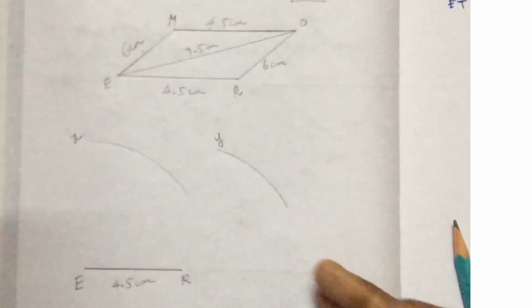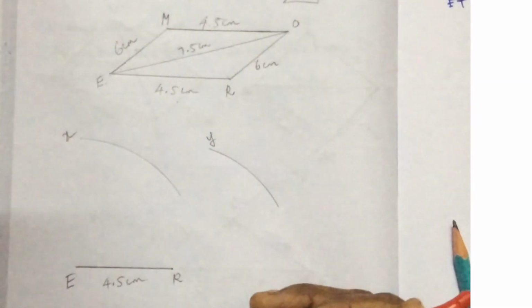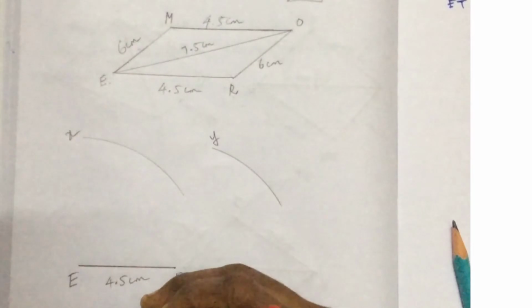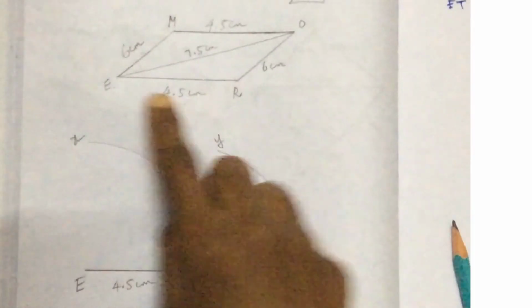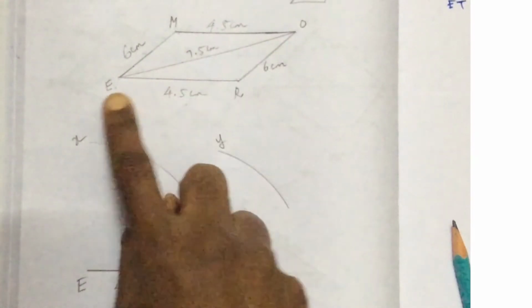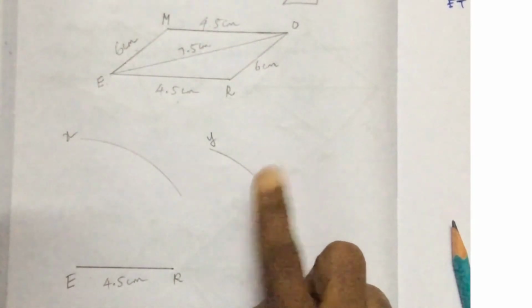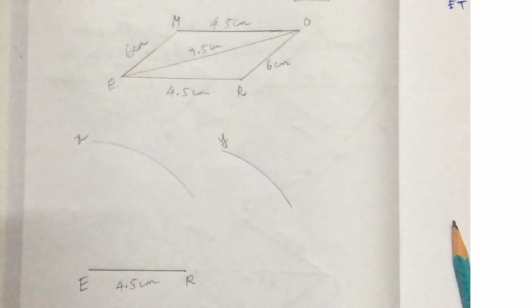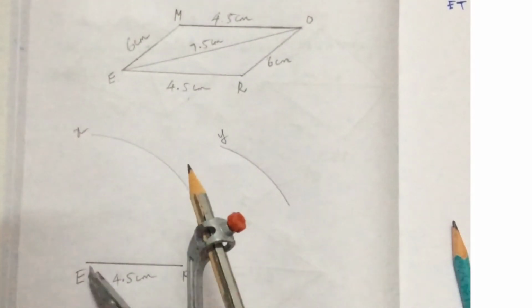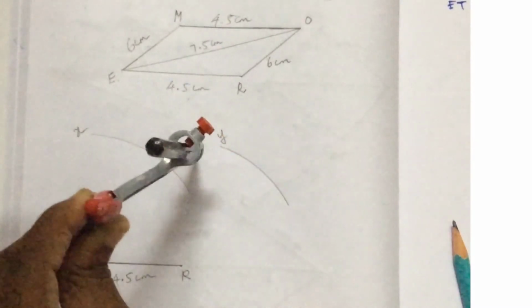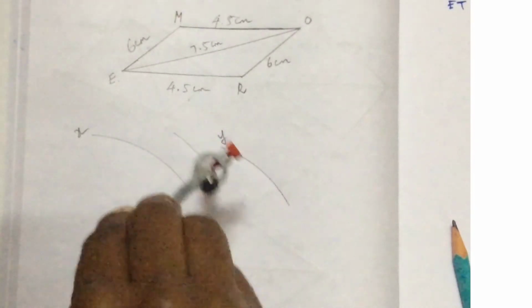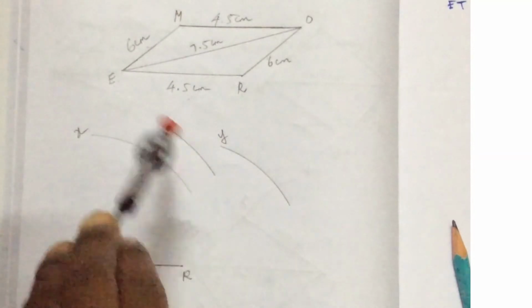Again I have to take a 7.5 centimeter radius. With E as center I have to cut this arc, so I will cut the arc somewhere here.